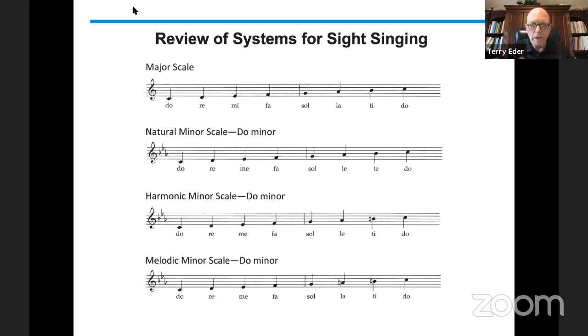So when it goes like this, do, re, mi, fa, sol, le, te, do, they definitely like ti, do.